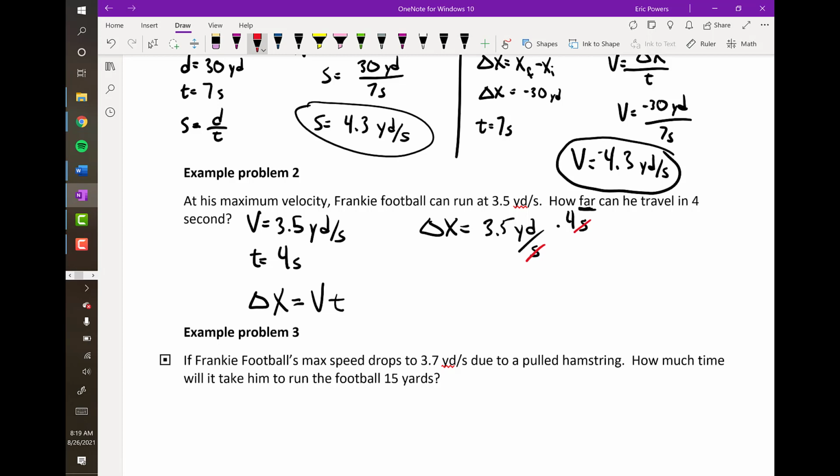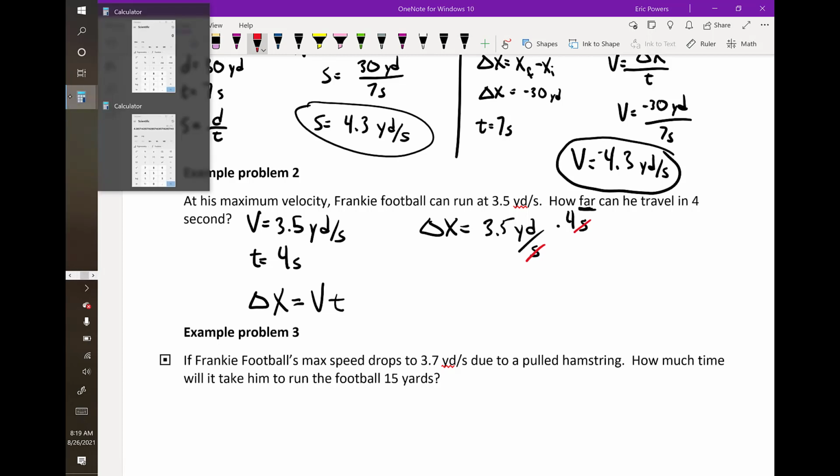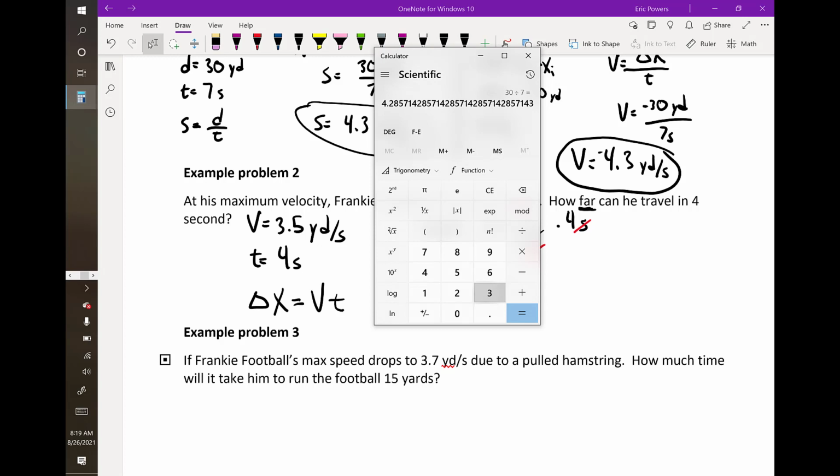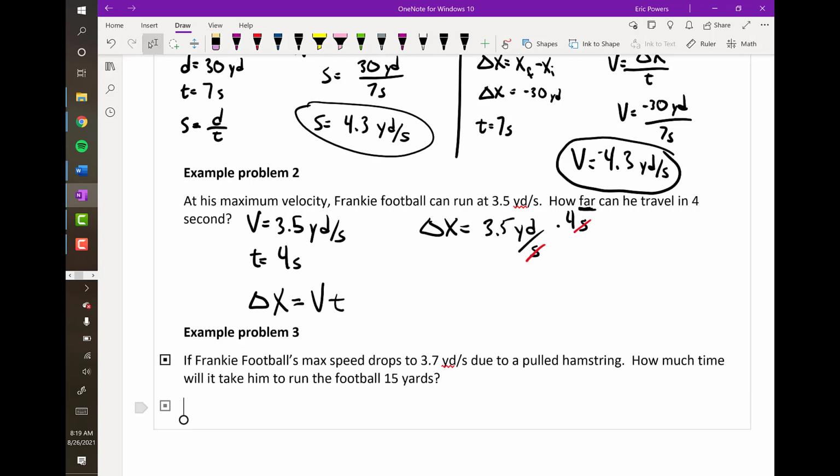All right, and then let's see here. 3.5 times 4 seconds is 14. So I have a displacement 14 yards.